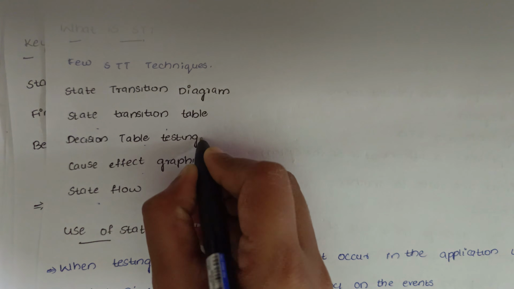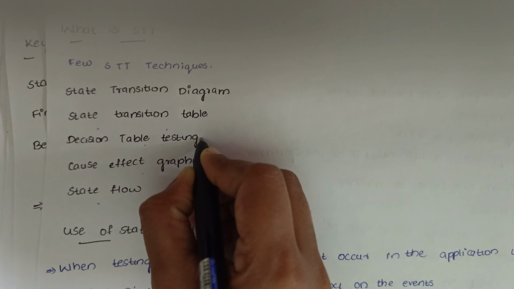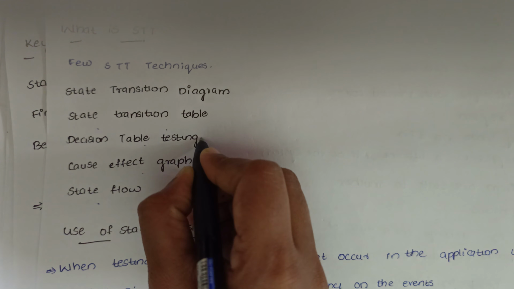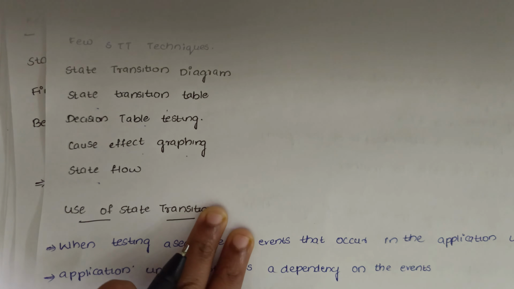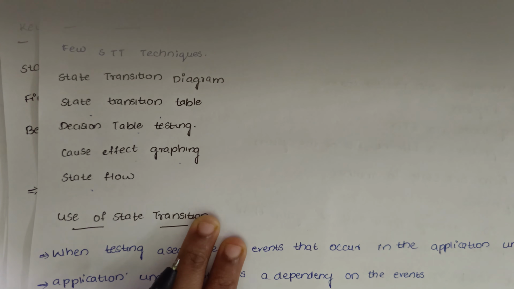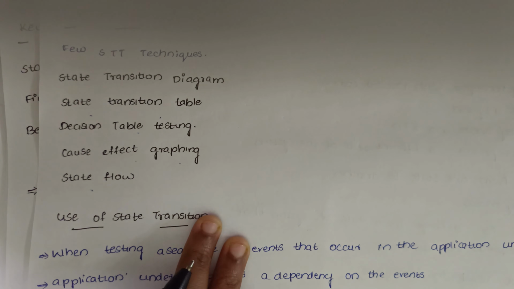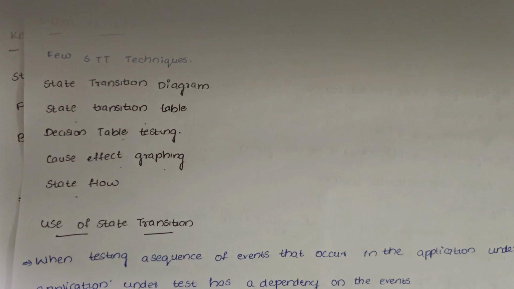Next, decision table testing. It is a technique used to map different combinations of inputs to their corresponding outputs, which can be used as test case scenarios. Cause effect graphing is also a technique to identify different combinations of inputs which cause different outputs when an event occurs.